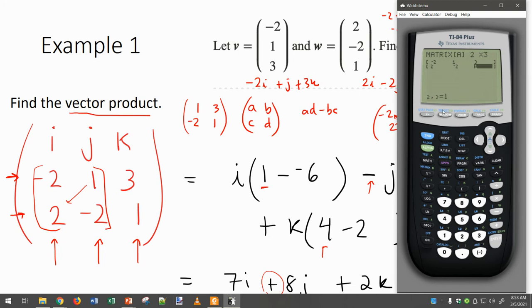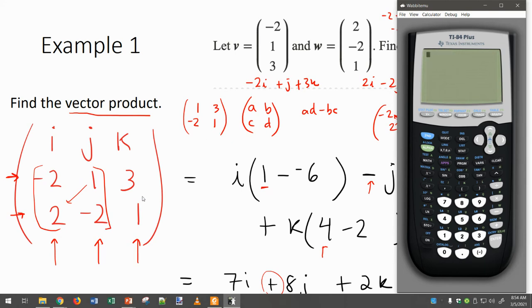And now, what happens if I go back to matrix, say math, and I want the determinant? Oops, I need to go back to the home screen. If I do matrix math, determinant of matrix A, it says error, because we can only find the determinant of a square matrix.